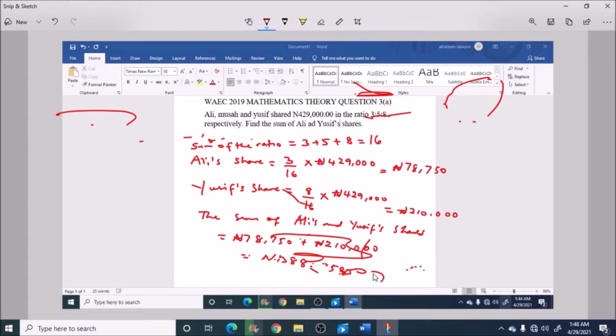Maybe I should just rewrite it here. The total sum is equal to 288,750 naira.